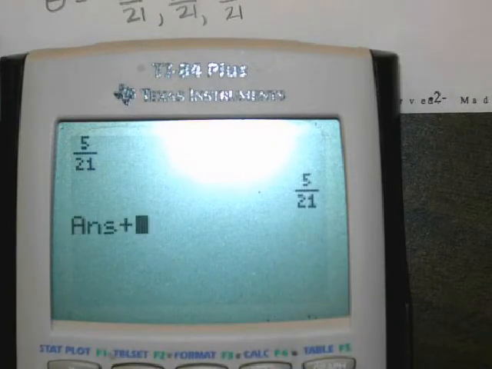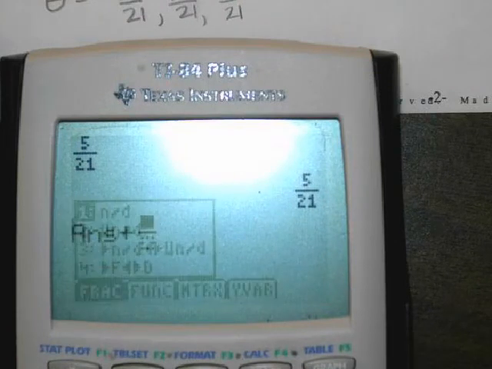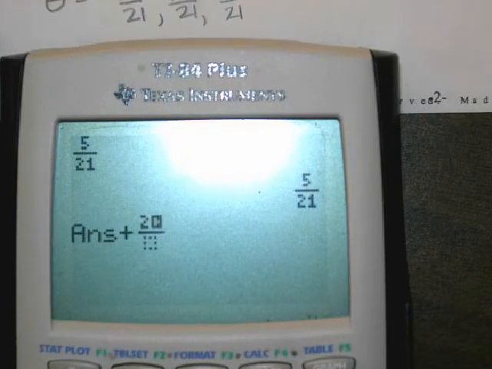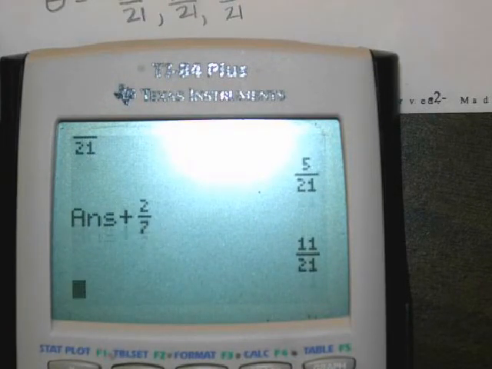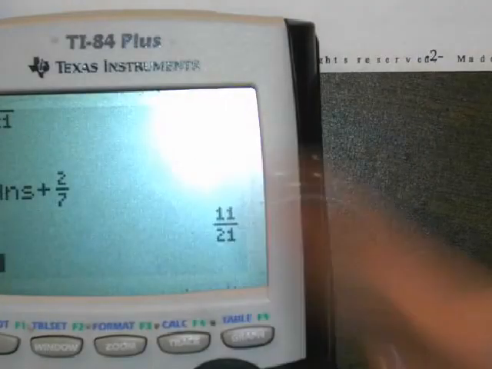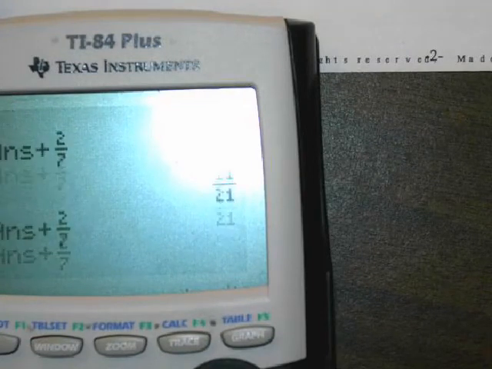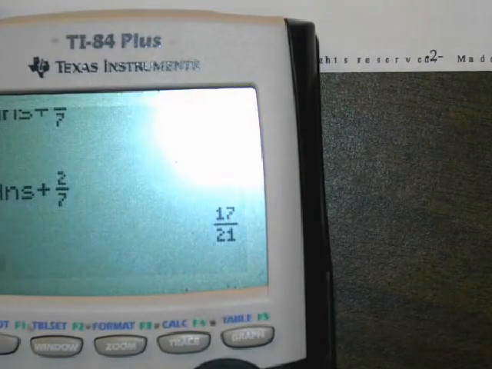And then I hit plus, and then I do alpha and then 2 sevenths. And what you can do now is just press enter, enter, enter, enter, enter, and it will keep adding 2 sevenths repeatedly. So 5 over 21, 11 over 21, 17 over 21, 23 over 21.